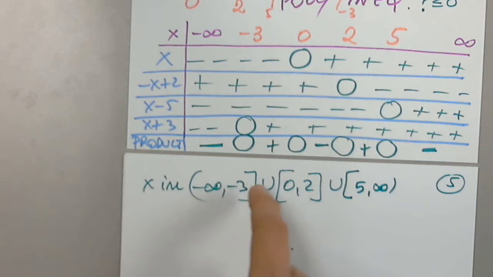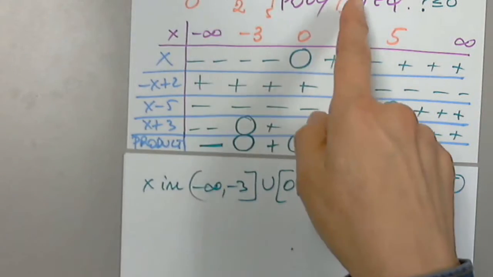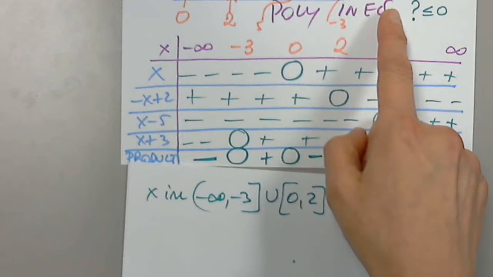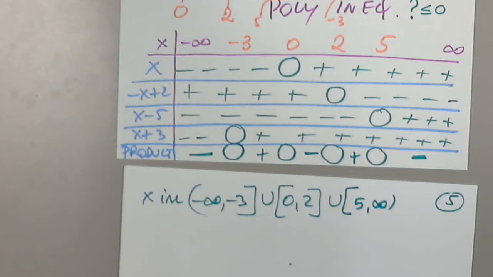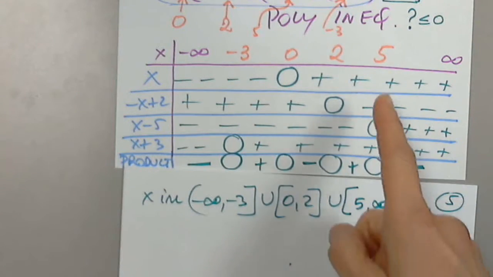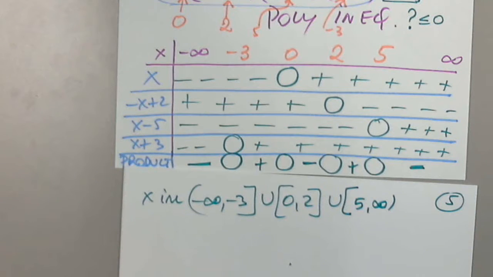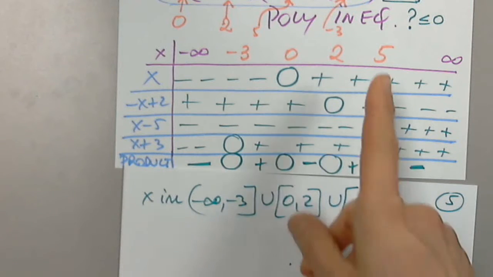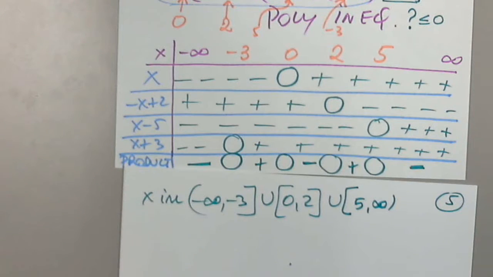If you pick x here or here or here, the product will be definitely negative. But if you make the mistake of picking between negative 3 and 0 and 2 and 5, what will happen to the product? It will be positive. But I don't care for that because the inequality says negative. Less than or equal to.